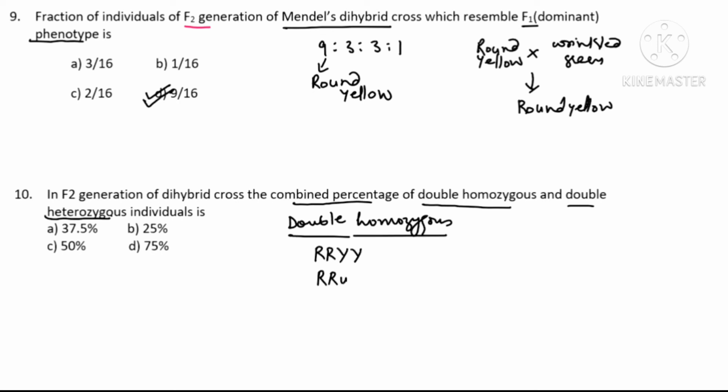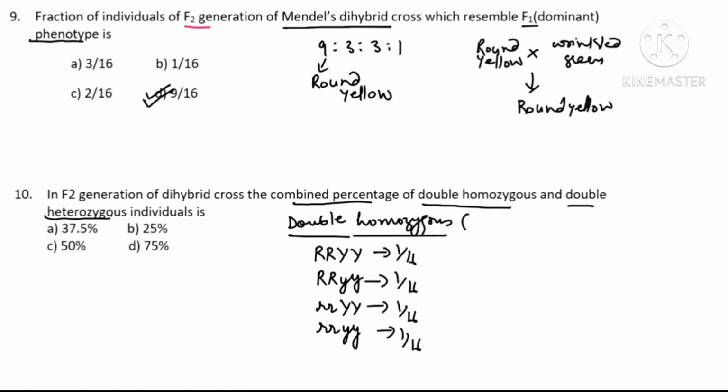It can come in this way, Y can come in a small form. Same here, R can come with the capital Y or R can come with the small y. Is it clear? So this will be your 1 by 16. Again, this will be 1 by 16, 1 by 16 and 1 by 16.